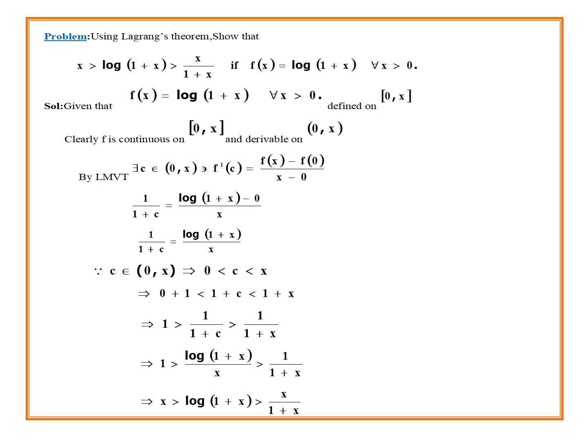Therefore, c belongs to (0, x), that implies 0 < c < x. That implies 1 < 1 + c < 1 + x. Clearly, 1 > 1/(1 + c) > 1/(1 + x). So 1 > log(1 + x)/x > 1/(1 + x). Clearly, x > log(1 + x) > x/(1 + x).